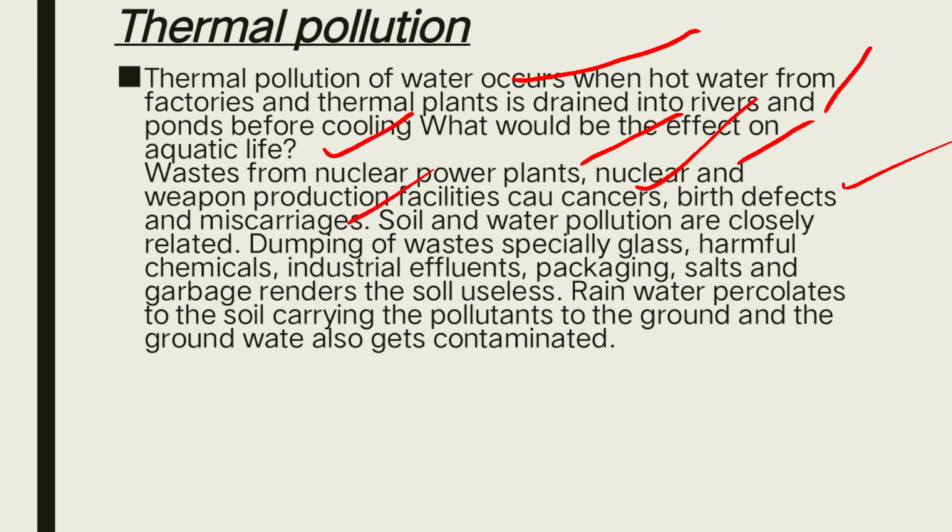Soil and water pollution, these are all closely related with one another. Dumping of waste, especially glass material, is very harmful to the aquatic animals. Harmful chemicals, industrial effluents, waste, packaging materials, salts, garbage, everything is put into the water bodies.